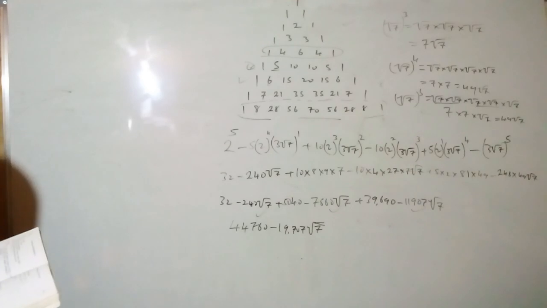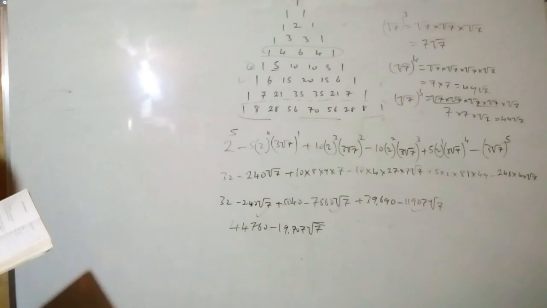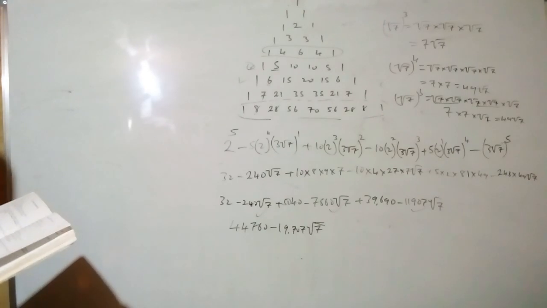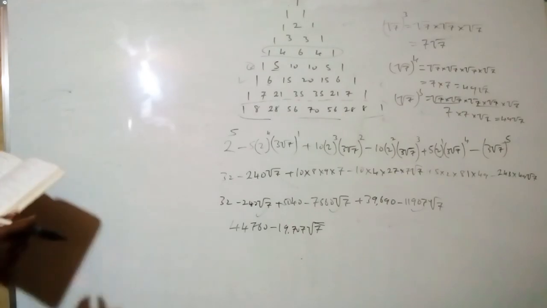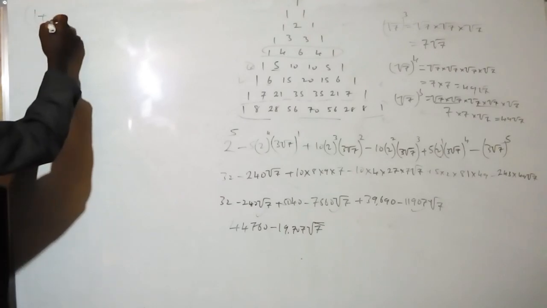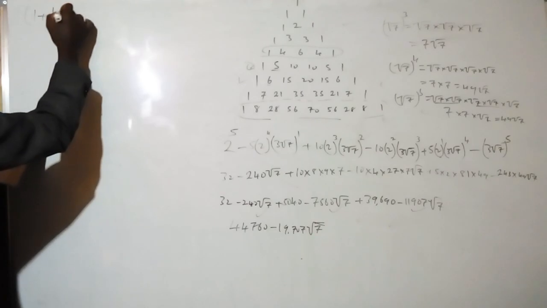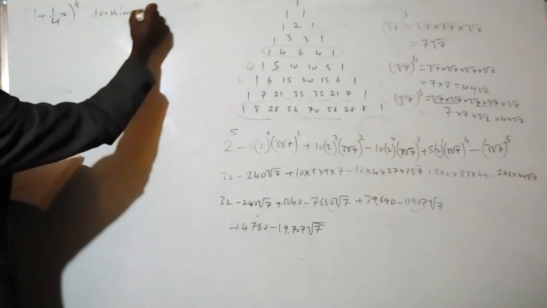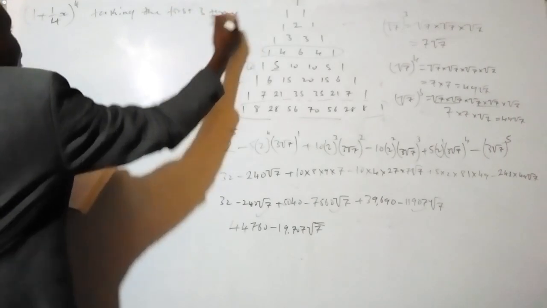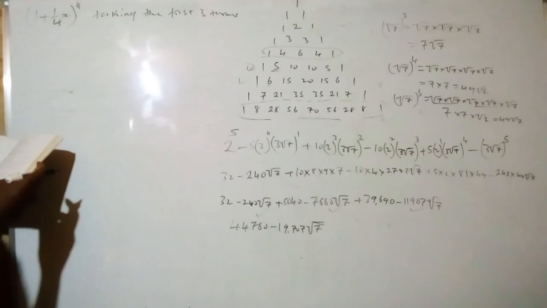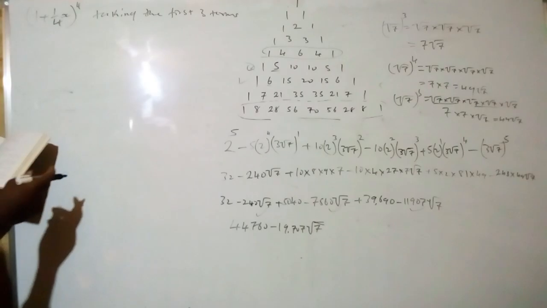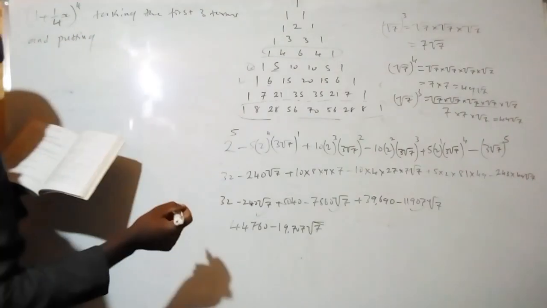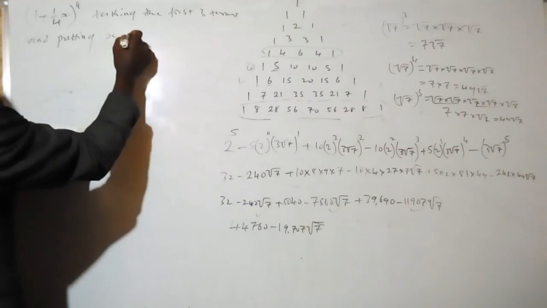You've been given: use Pascal's triangle to expand 1 plus 1 over 4 x, in brackets to the power 4, taking the first three terms of the expansion, and putting x equals 0.1.